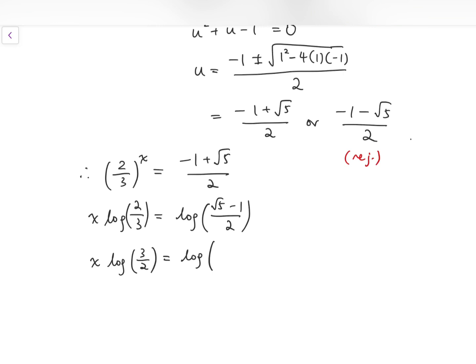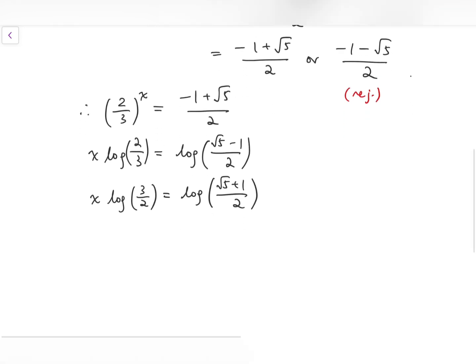If we take the reciprocal of root 5 minus 1 over 2, we need to rationalize it, and it will become root 5 plus 1 over 2. The details are here. Maybe I'll just write like this.